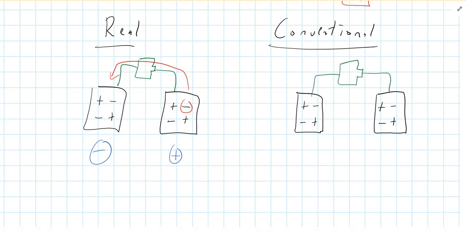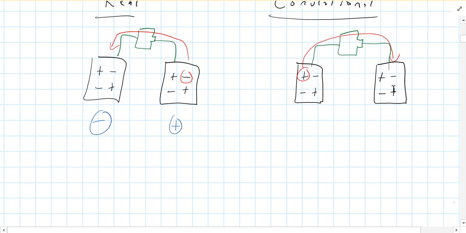Well, here's what electricians and electrical engineers and so on think of. They think of positive charge flowing this way through the battery. Now we know that positives don't move, but that's how they think of it. So here's what ends up happening. If you still look at the situation, the right-hand bucket still ends up with a positive charge, and the left-hand bucket still ends up with a negative charge.